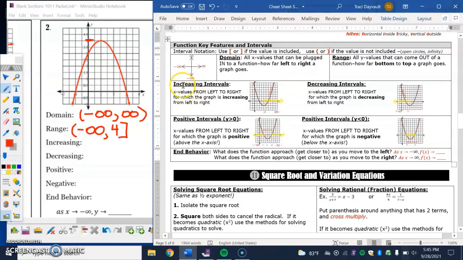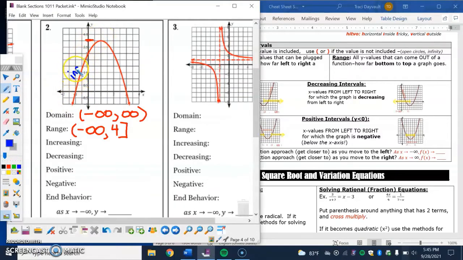As x increases, that just means as we move from left to right, where is the graph increasing? So as x increases, this is increasing on this part of the graph here. It's increasing at first. So let's look at the x values when it is increasing.